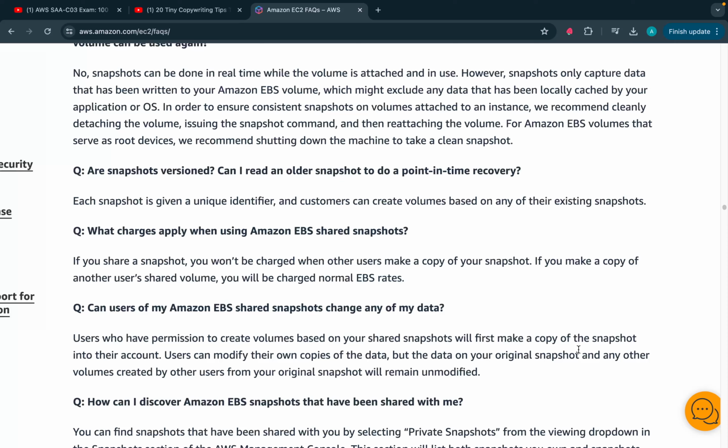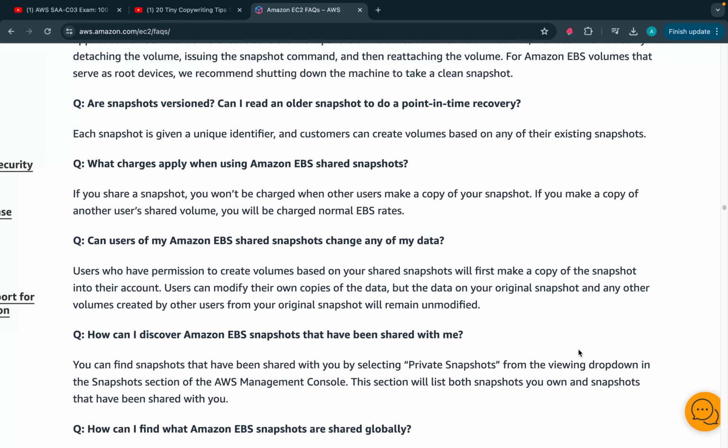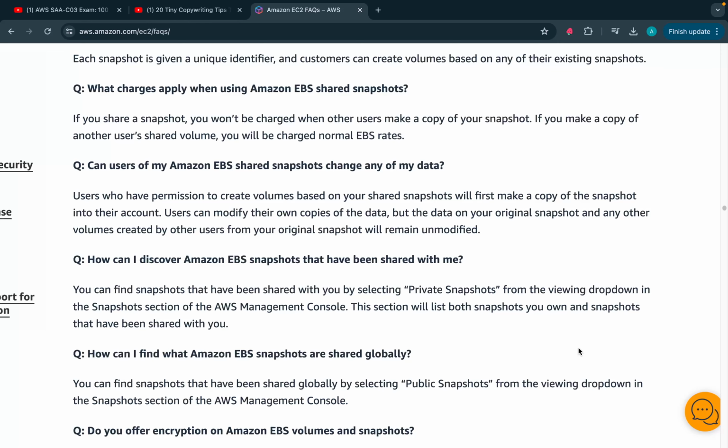If you make a copy of another user's shared snapshot, you will be charged normal EBS rates. Can users of my EBS shared snapshot change any of my data? Users who have permission to create volumes based on your shared snapshot will first make a copy of the snapshot into their account. Users can modify their own copies, but the data of your original snapshot and any other volumes created by others from your original snapshot will remain unmodified.